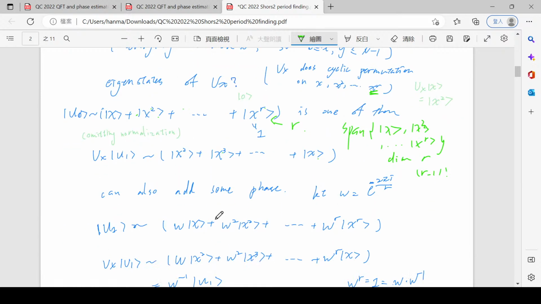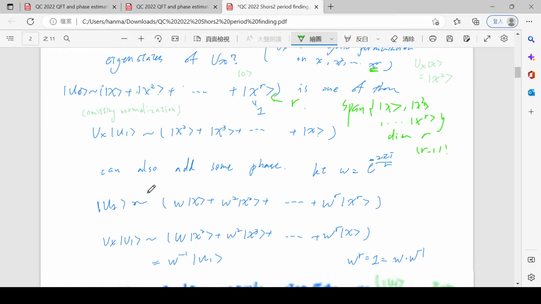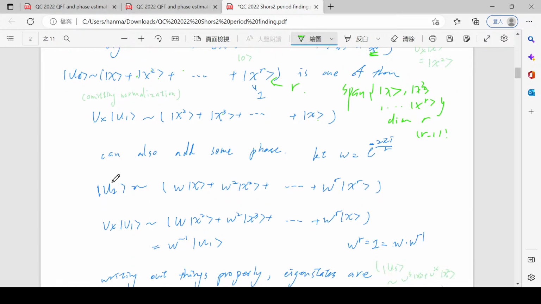We can do that by adding a phase. This is very similar to the Fourier transform, and phase estimation and everything is related. Anyway, now we define this phase omega, which is the rth root of 1.